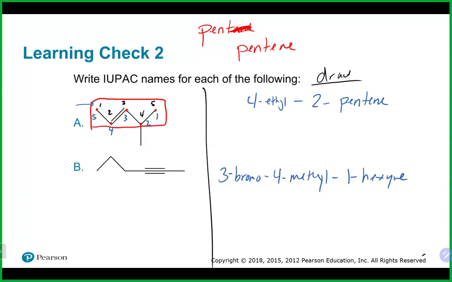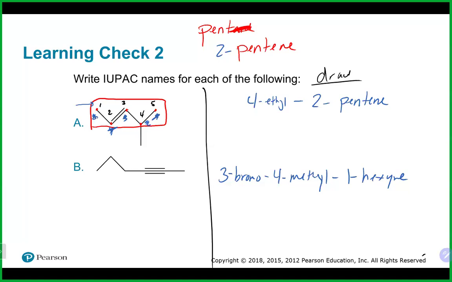So once we lock it into going left to right, the groups are numbered accordingly as well. We definitely would not use the other numbering, but we are going to use the left to right numbering. That means our double bond would be at 2-pentene, the location where we can find our double bond.